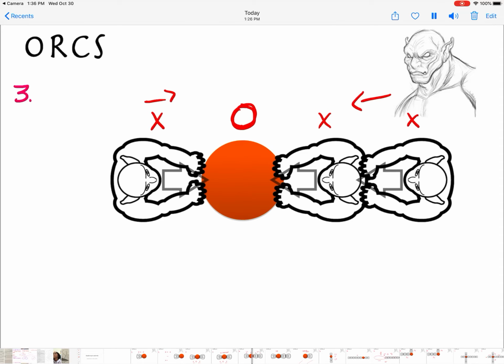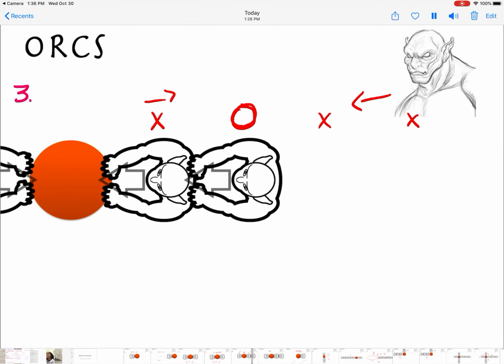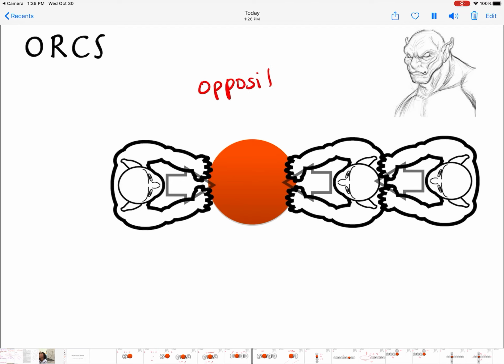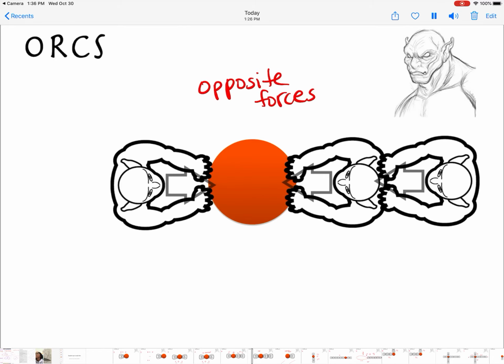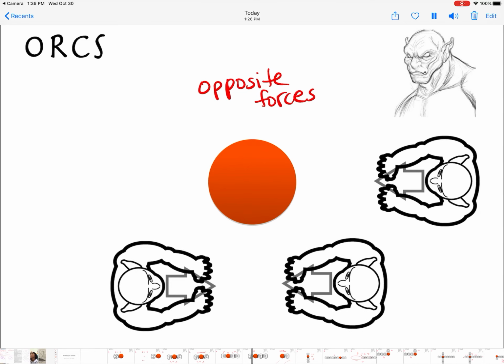Whenever you have examples like this, the orcs cancel each other out. Let's click through and see. It ends up moving to the left with one orc. Let's see an explanation for this. Whenever we have opposite forces, opposite meaning that they're on different sides of each other, orcs cancel out. Think of it like pairs in math.